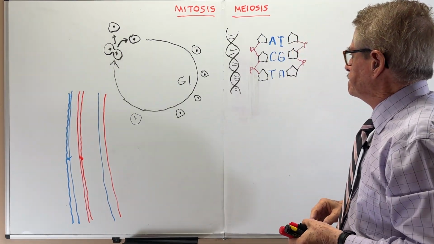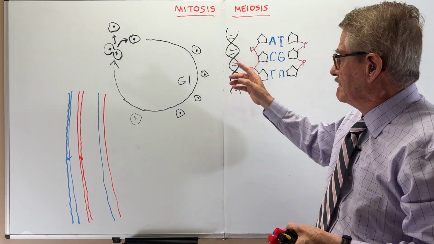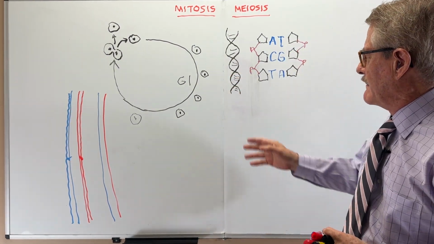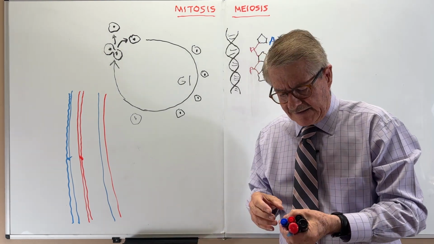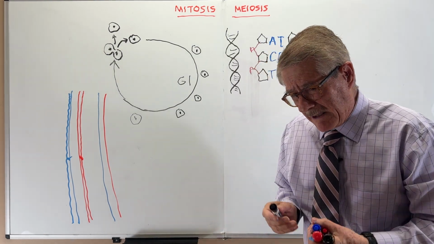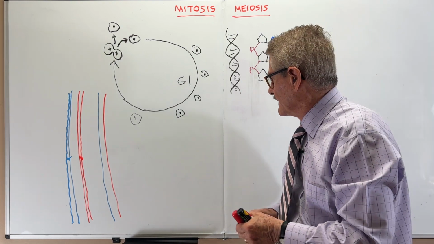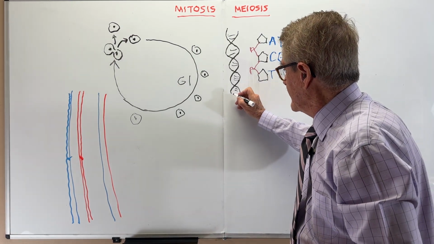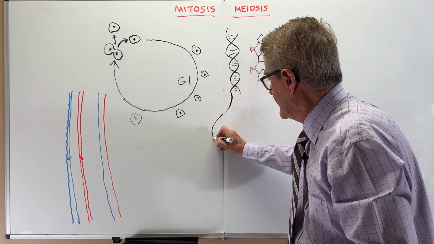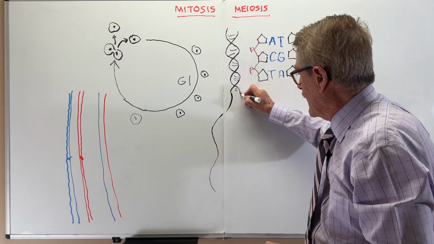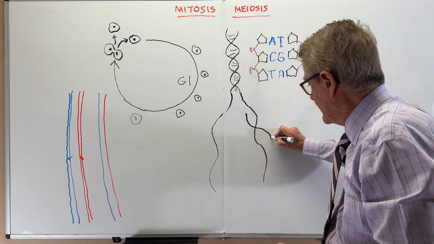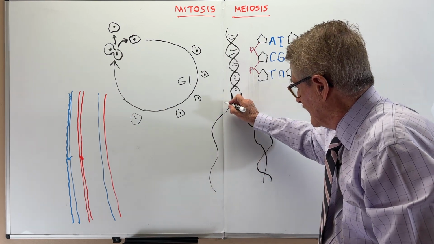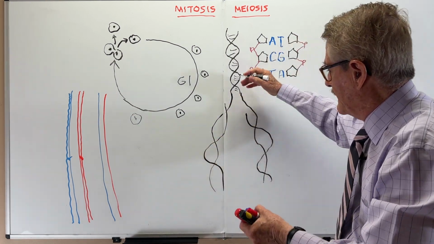Now, we're trying to understand pretty much how DNA duplicates. In principle, it is not that difficult. This chain will be opened, and another chain will be formed.